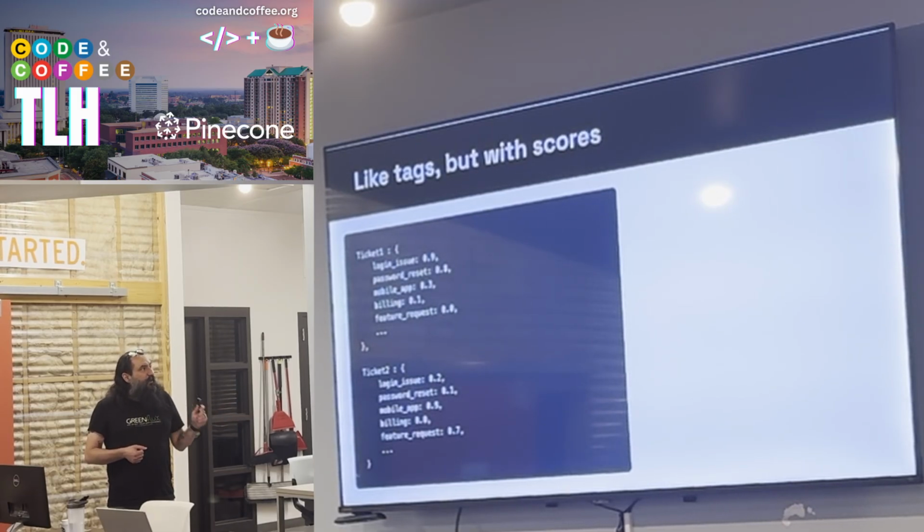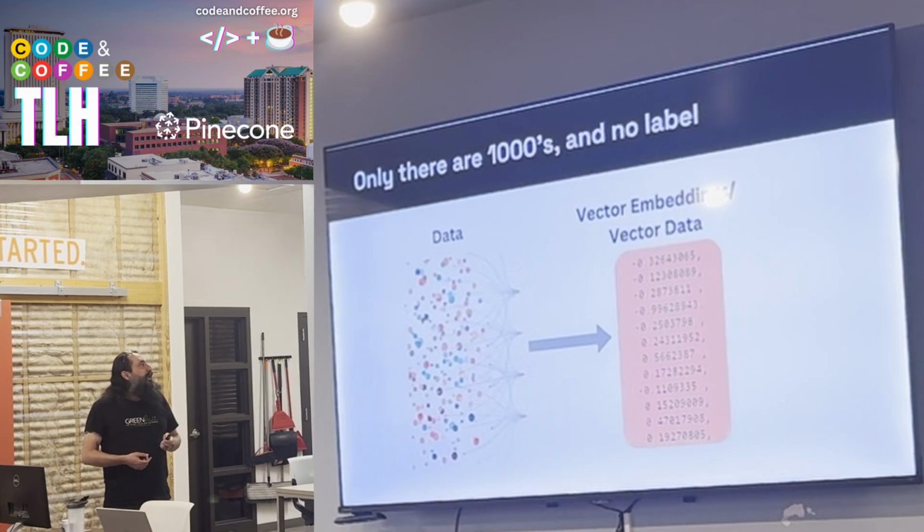So imagine all of your data that you're uploading, it's being scored on all these different parameters. And there's actually thousands of them. 768 or 1536 is a common number. It's a lot of multiples or exponents of like 256.